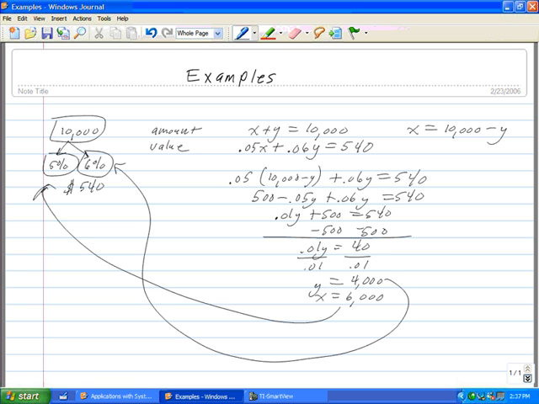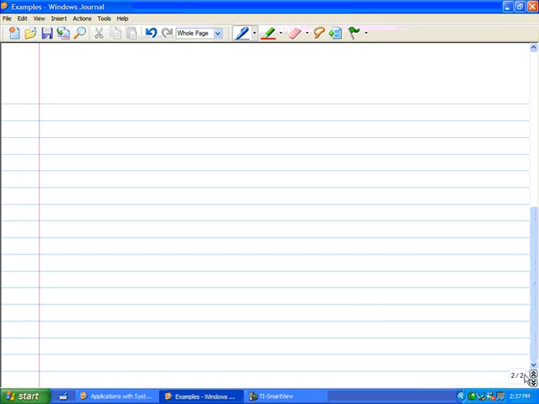Let's take a look at another mixture problem. Let's say you had a family reunion at an amusement park. Adult tickets cost $40. That would be a pretty pricey park.